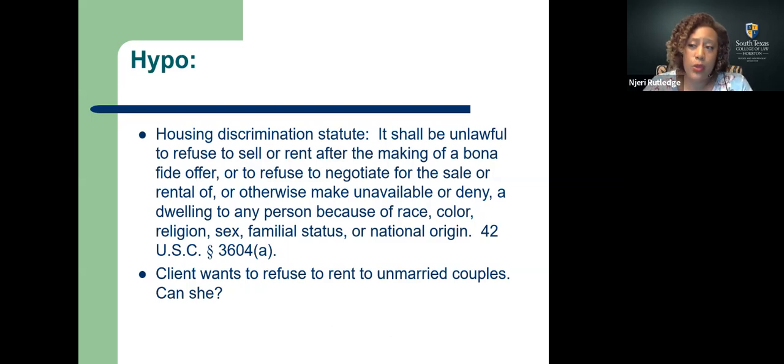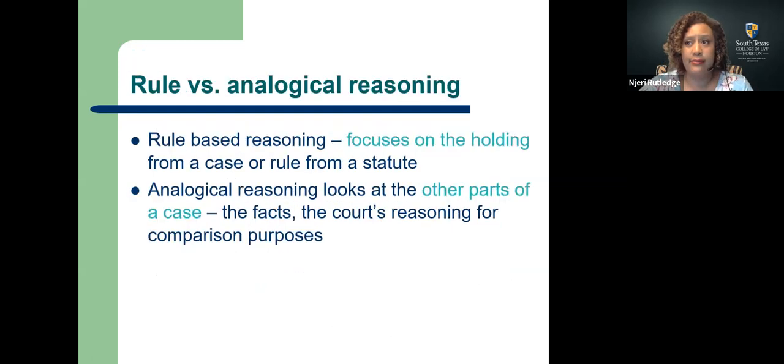You have a client with a rent house and she wants to refuse to rent to unmarried couples. Can she? Take a moment, look at the wording of the statute and apply it. Well, clearly she cannot, right? Because that's trying to discriminate based on familial status.